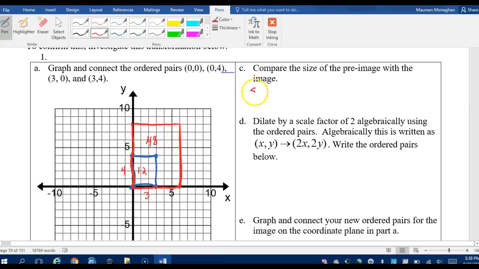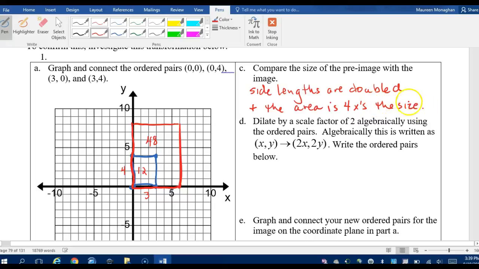So the side lengths are doubled, and the area is 4 times the size. So that's what happens to the area.